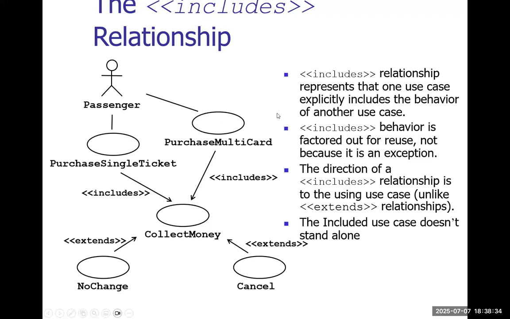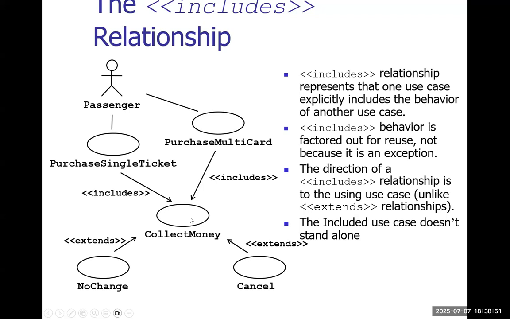So you have different choices of purchasing different types of ticket, and each purchase has one common task, which is collect money. So we can factor out this collect money and form a new use case.